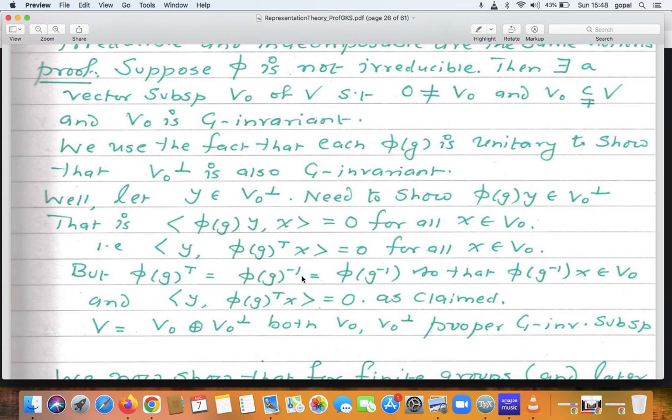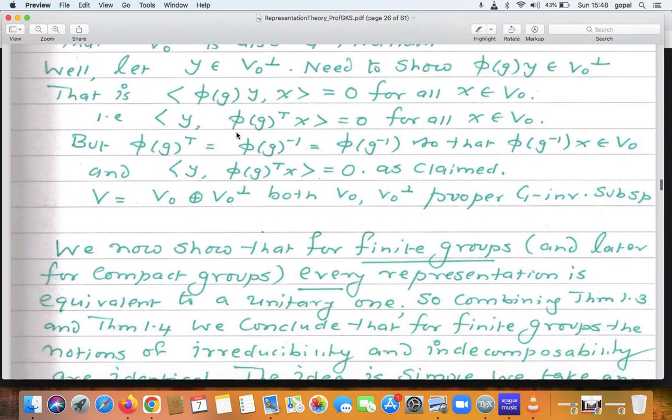This verification is part of a general theorem in linear algebra courses: if you have an operator which is unitary, normal, or self-adjoint, and if a vector space V naught is invariant, then the ortho complement is also invariant.